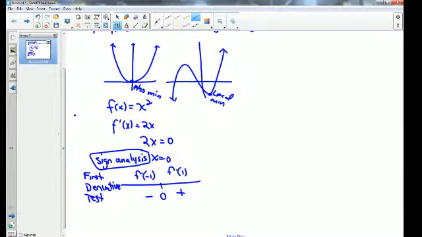So what does this mean? The slope is negative, then positive, so we have a local minimum at x equals 0. We can do all that without even looking at the graph, right?